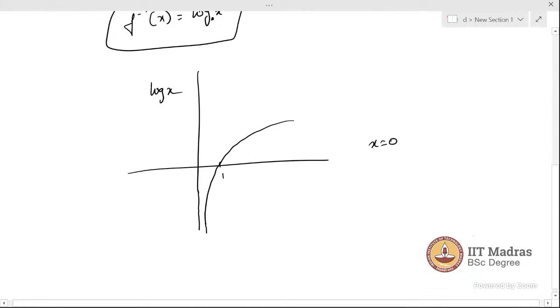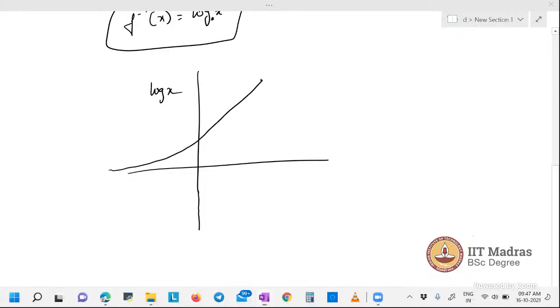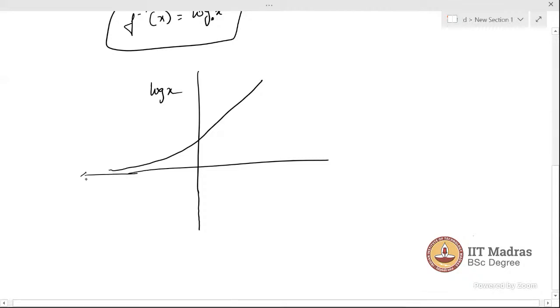Now, if you have a graph like this, what about the asymptote for this graph? y equals 0. What if I say this graph is e to the power of x minus 1, equal to 0?